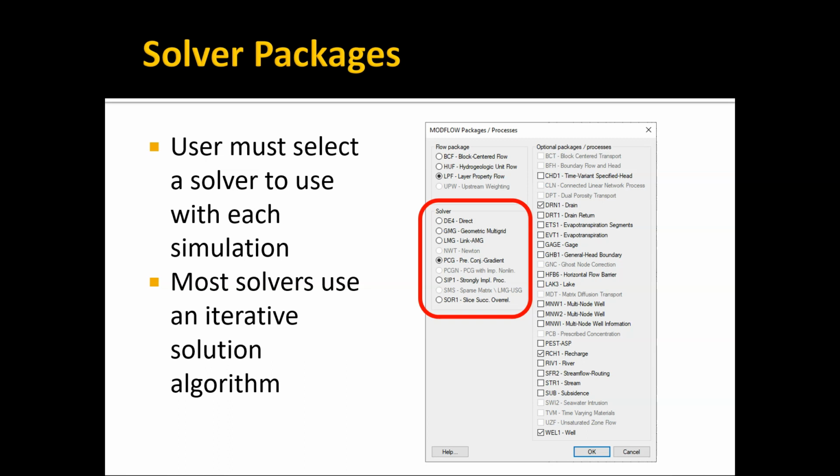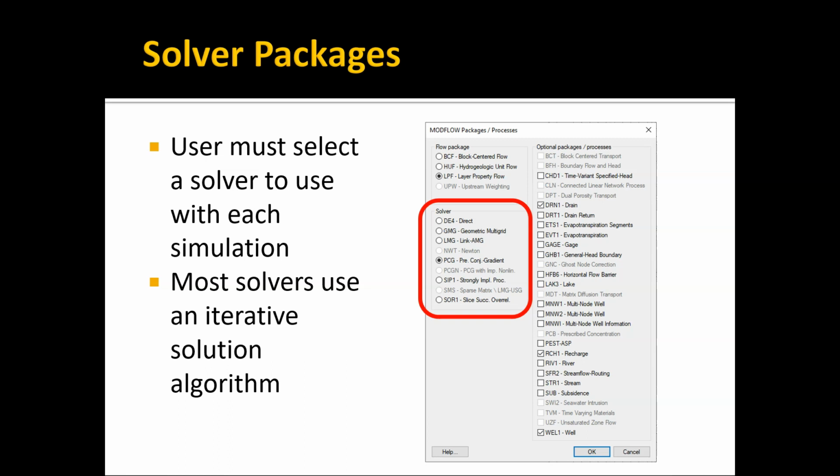The default one in GMS is the PCG solver, but as you can see there are a number of other available solvers that you can use. And today we're going to talk about the different solvers and the parameters that are associated with most of the solvers that you need to understand in order to be able to use the solvers.